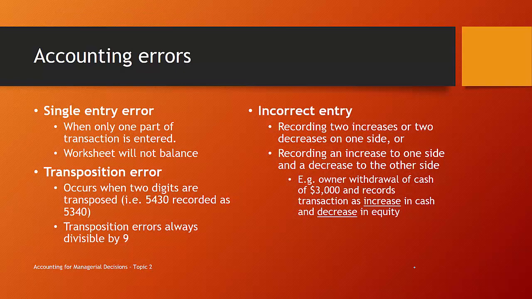So you haven't balanced it out properly. Or have you recorded an increase to one side and a decrease to the other side? So there's an owner withdrawal of cash of $3,000 and it records it as an increase in cash and a decrease in equity. So if everything still balances, you're probably then going to have to rely on additional information.